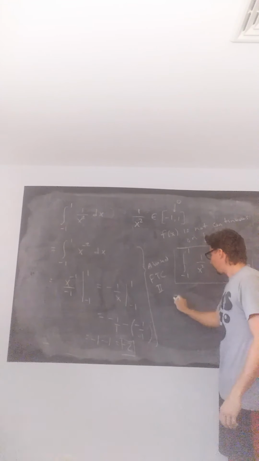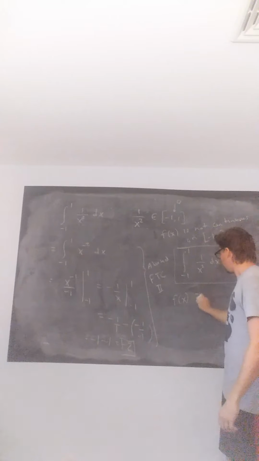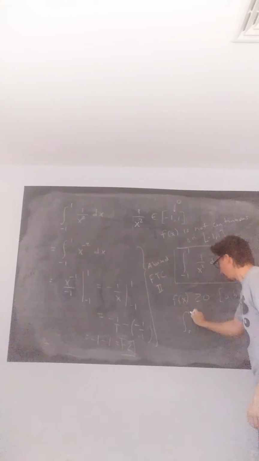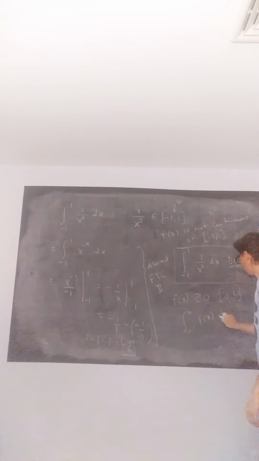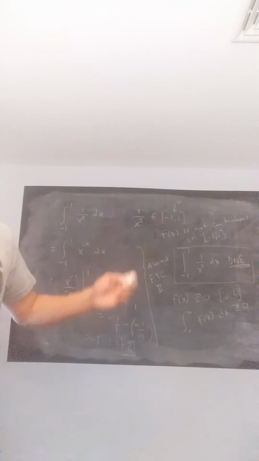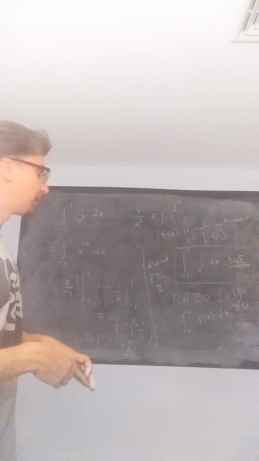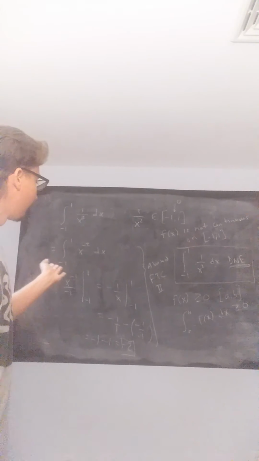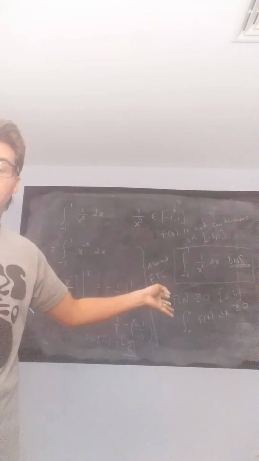There's a rule that says if f of x is greater than or equal to 0 over the interval from a to b, that means the integral of that function has to also be greater than or equal to 0. In other words, if that function is greater than or equal to 0 for all x on that interval, then so does the integral itself.